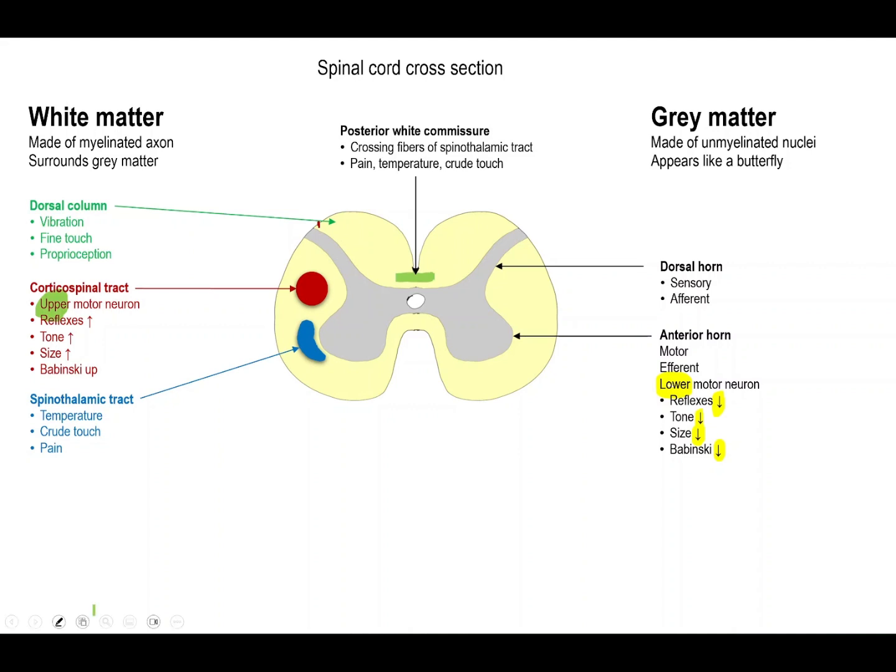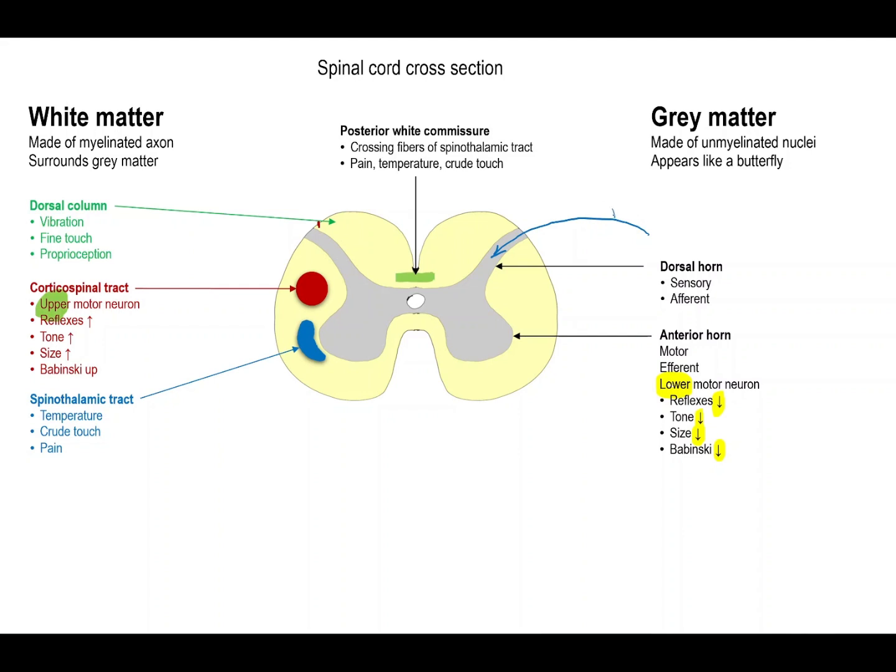Let me give you an example. Let me just draw something for you. So, fibers of the spinothalamic tract. For example, sensory information regarding pain and temperature will enter the dorsal horn of the gray matter, right?